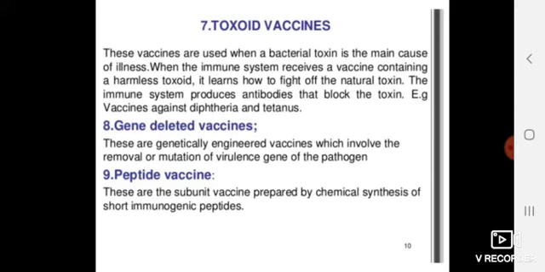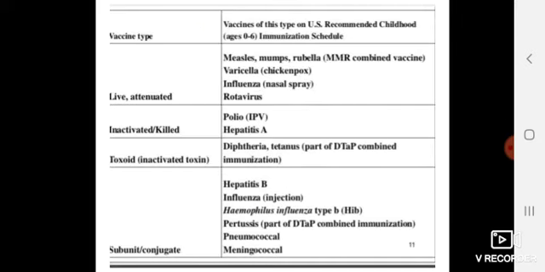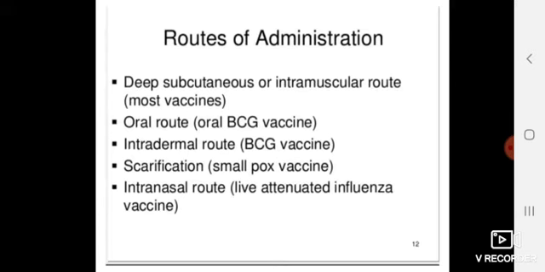If possible, please identify at least one or two examples for each of the vaccines. These are mainly nine types, so please recognize at least one example for each vaccine. That is your assignment. Okay, these are the common examples.